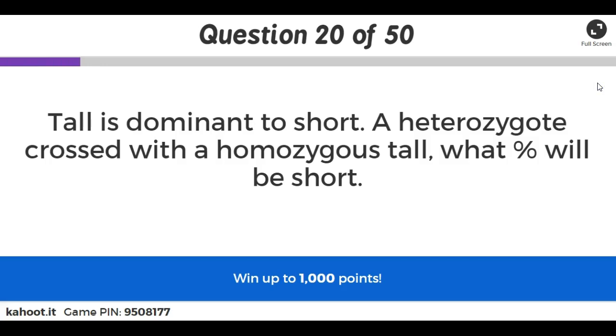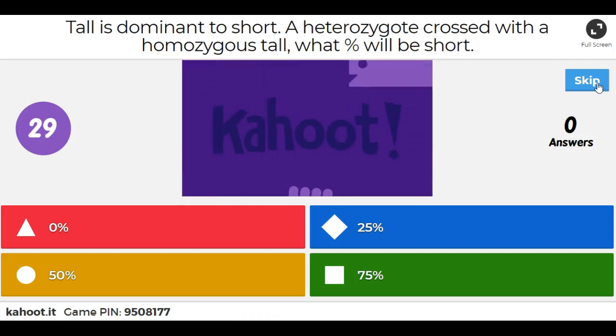All right, tall is dominant to short. A heterozygote crossed with a homozygous tall will have what percent of their offspring be short?